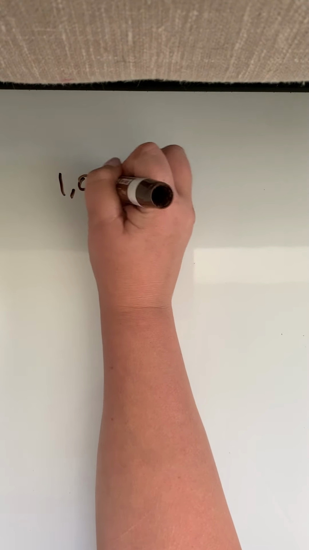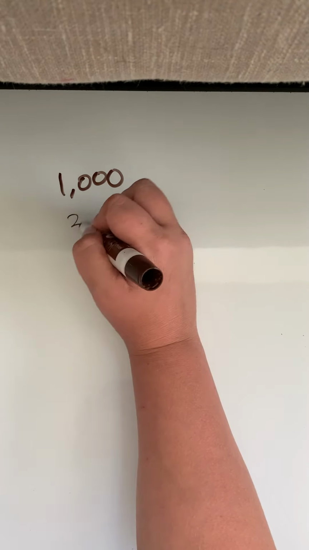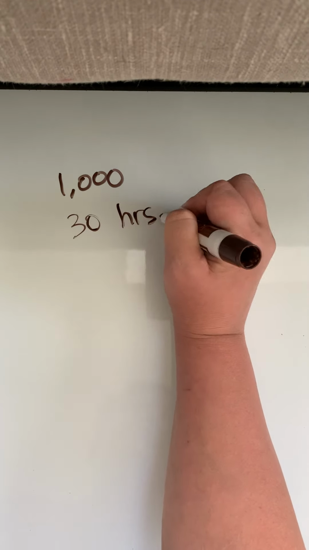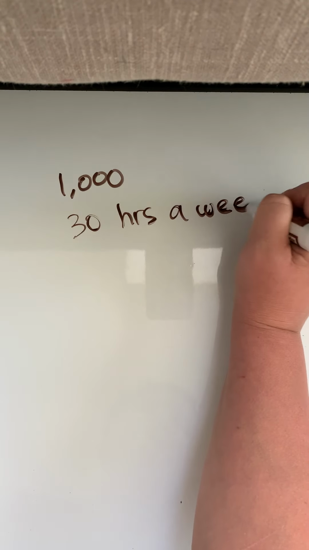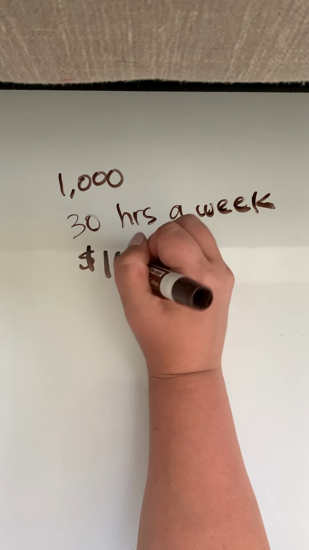All right, 14. There are 1,000 workers in a factory. Okay, got it. Each worker works 30 hours a week and is paid $10.50 an hour.